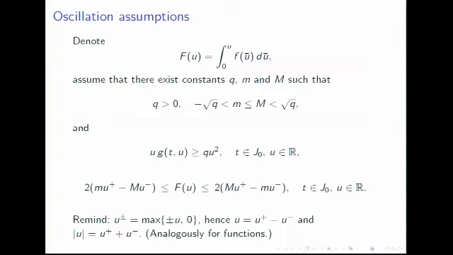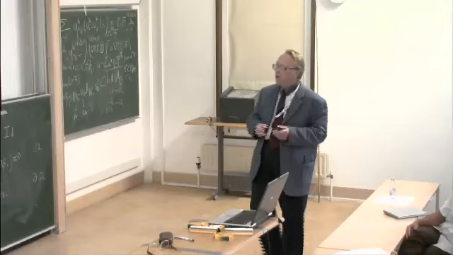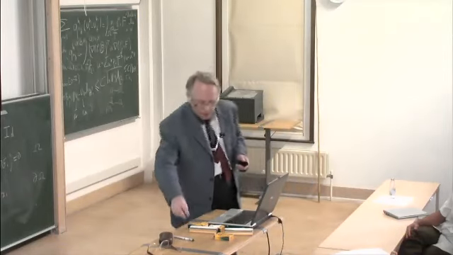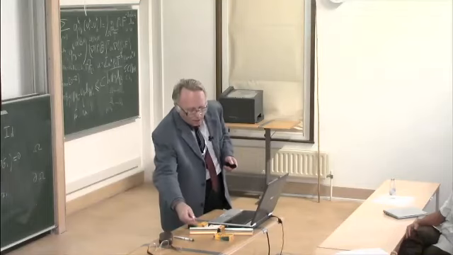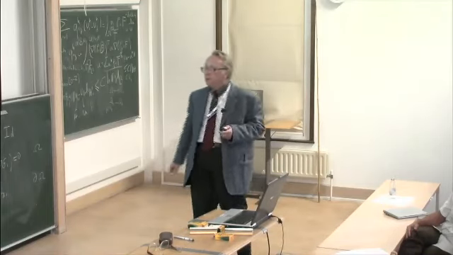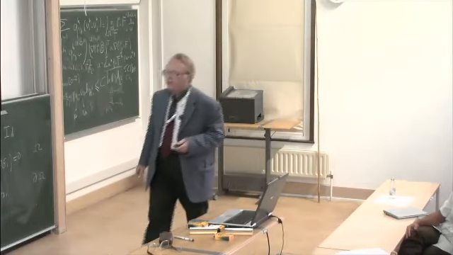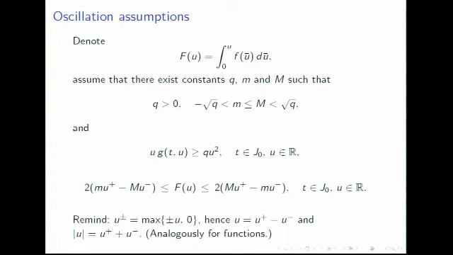Moreover, ug is greater or equal to qu squared, and then the following inequalities are valid, where u plus means the positive part of the number, u minus the negative part of the number, and analogously for functions.